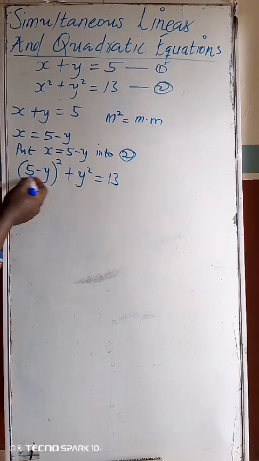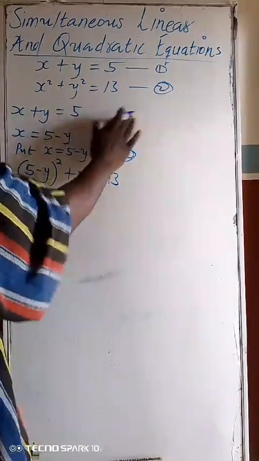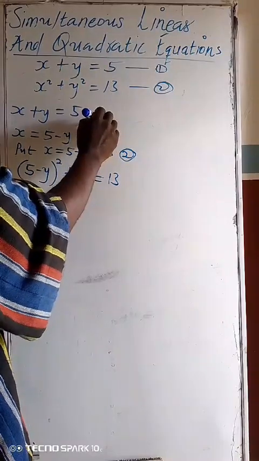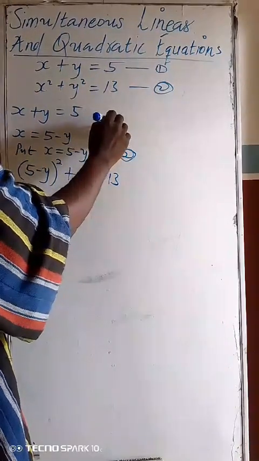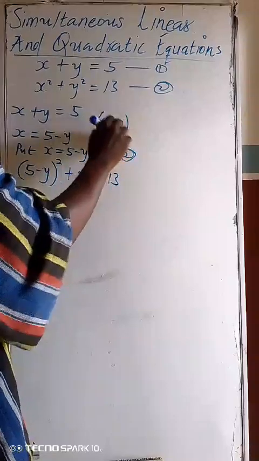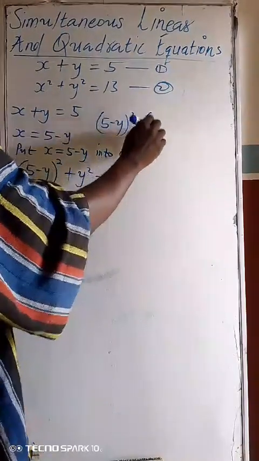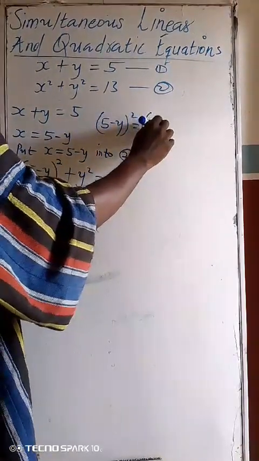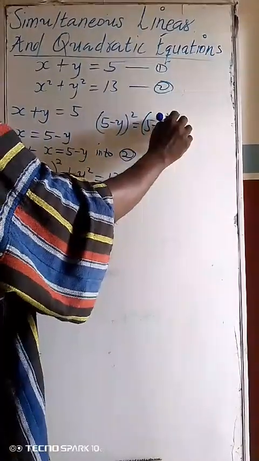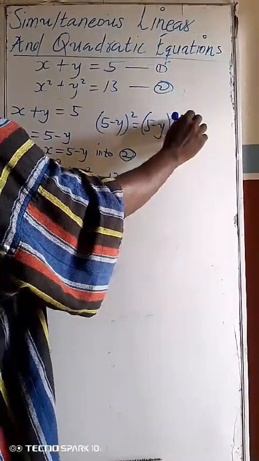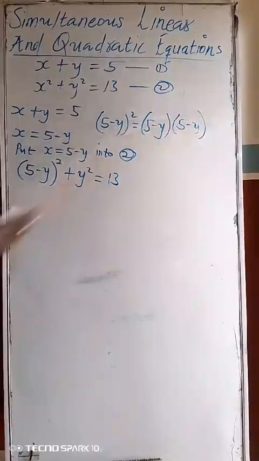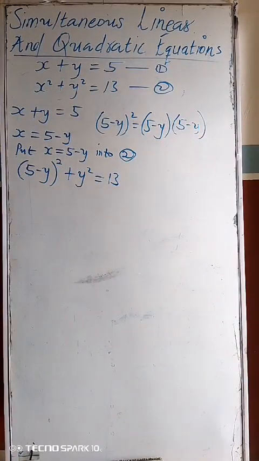So those of us who want to go by this approach, it will be like this: 5 minus y all squared. It simply means that 5 minus y will be multiplying 5 minus y. When you multiply, whatever you get, you substitute it here and you are good to go.